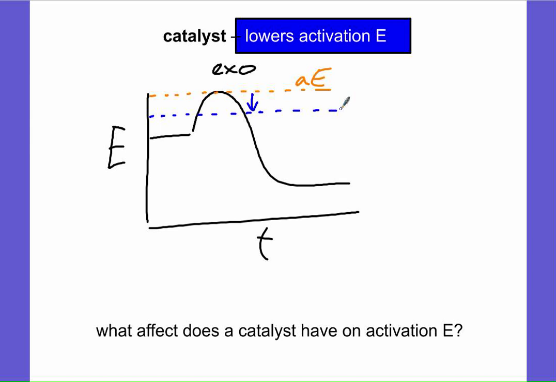So now I'm going to have a different curve that goes with that. I'm still going to start my reactants at the same level, and my products are going to end in the same place. But because there's a catalyst present, I'm not going to need to add as much energy to start this reaction before it will go through to completion.